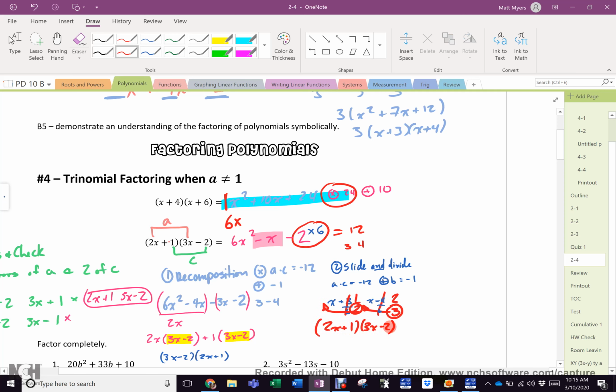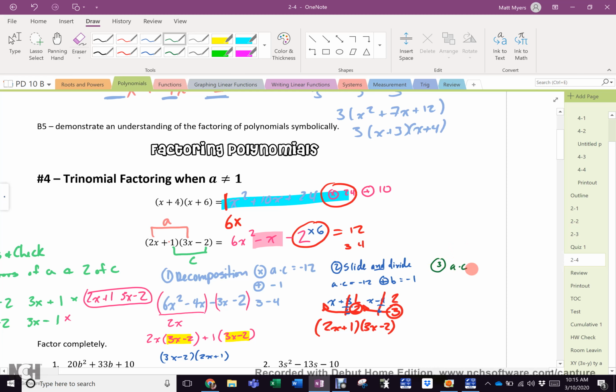If you like it, keep it. Now, there's a third way. This is my personal least favorite way, but some kids find it very useful, so I show it to them. It doesn't have a name of which I know, but it starts the same way.